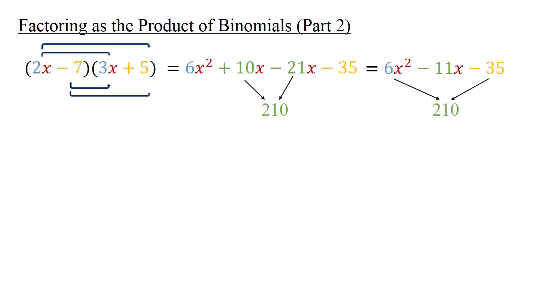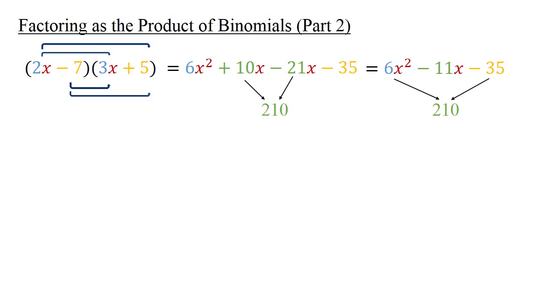And this is always going to be true, that the leading coefficient, that's 6, and the constant term, that's 35, are going to multiply together to make the same product as what the two middle terms would multiply to make before we combined them. And that's going to make a connection to how we're going to factor this.